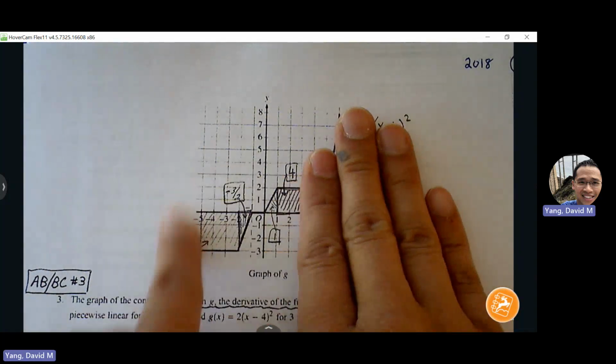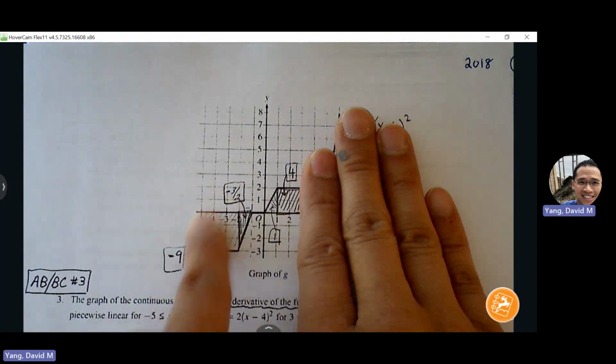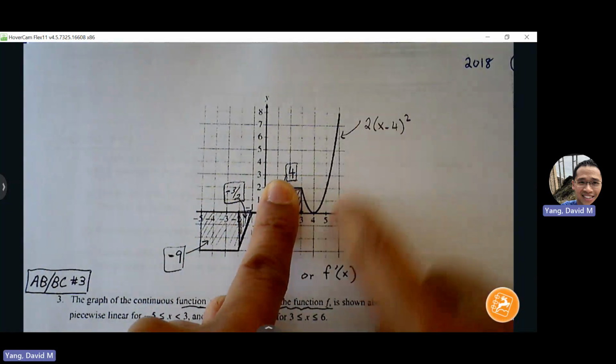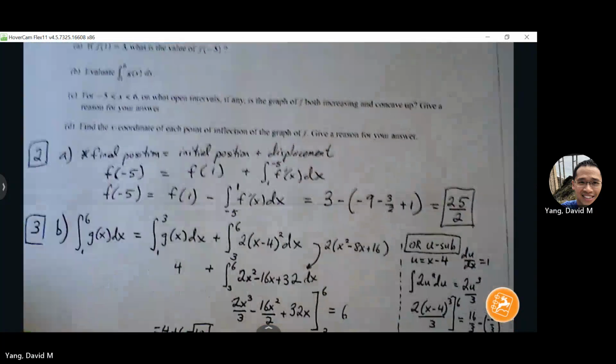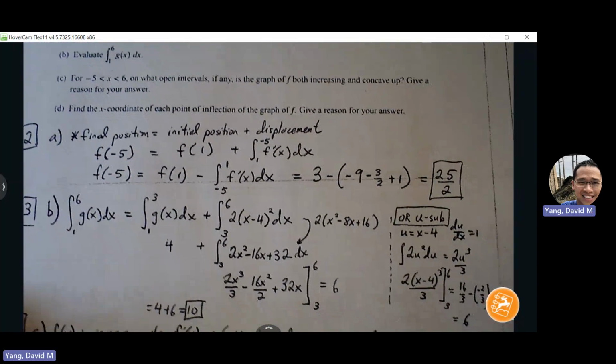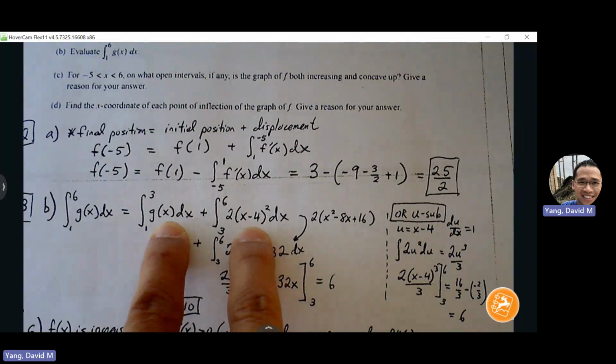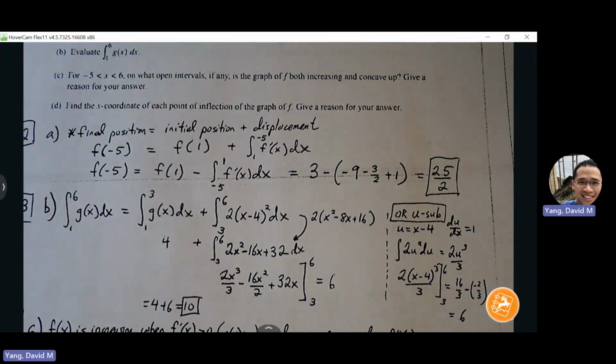So this side, we can just add up the triangles and squares. But this side, we've got to go through antiderivative power rule. So we reach the same goal, but with a different setup. From 1 to 3, you can just add up the geometric shapes. From 3 to 6, we've got to go through this process.